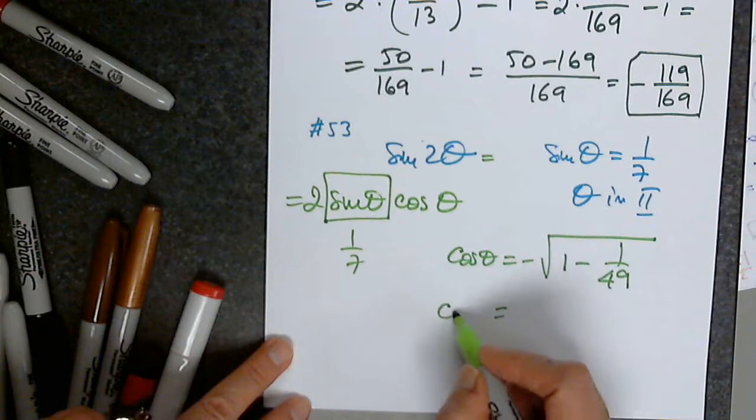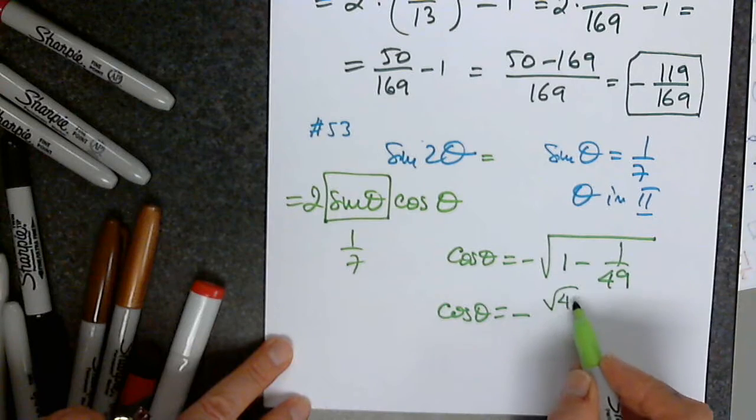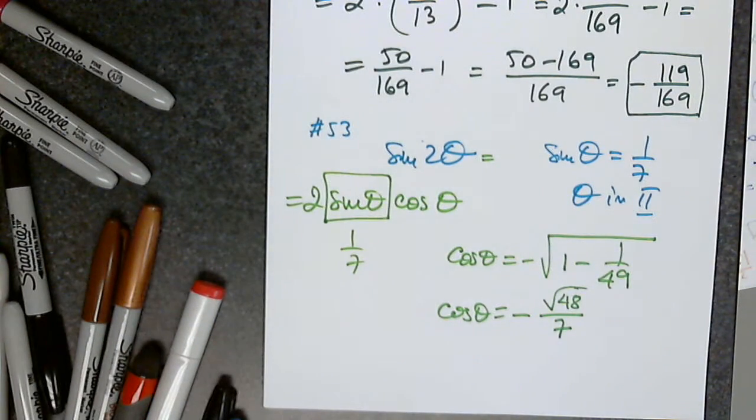So this will be negative the square root of 48 over 7. Now the square root of 48 should be simplified. So the square root of 48, it's 16 times 3.